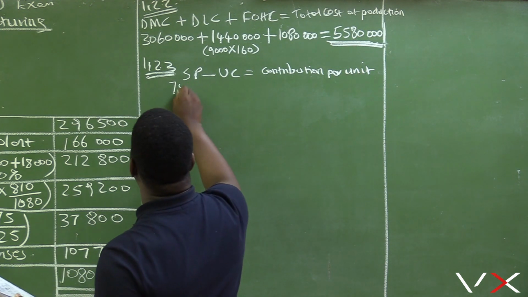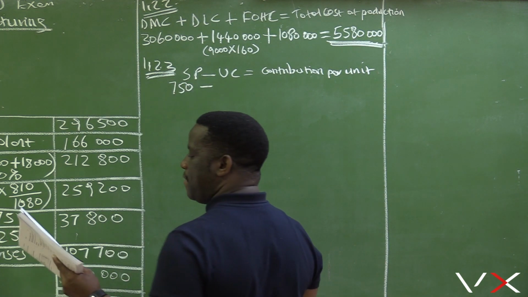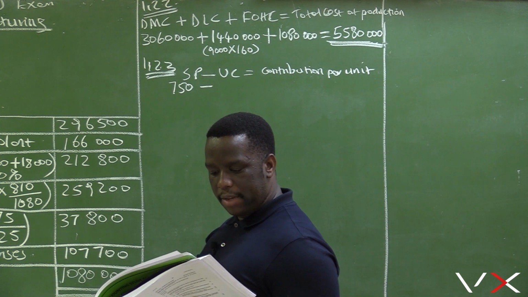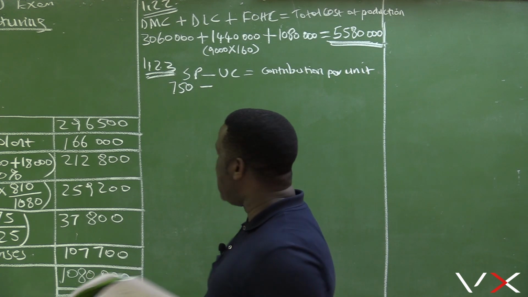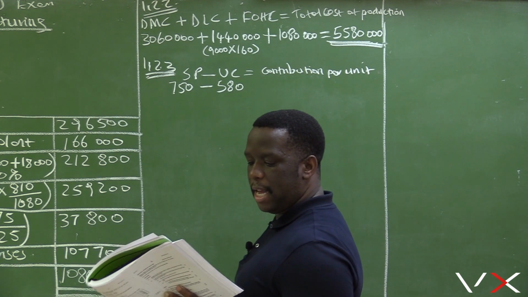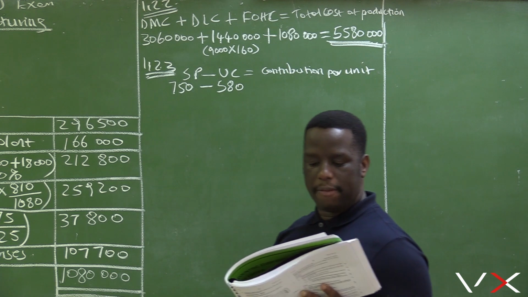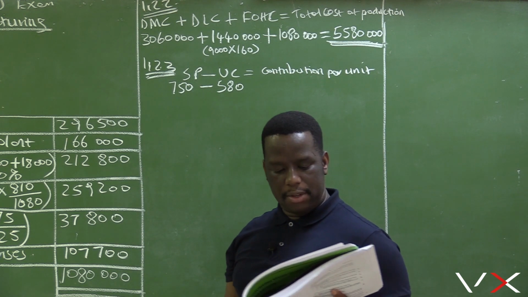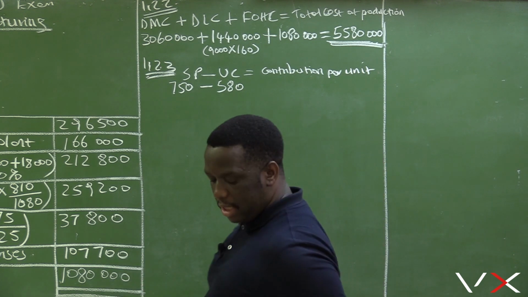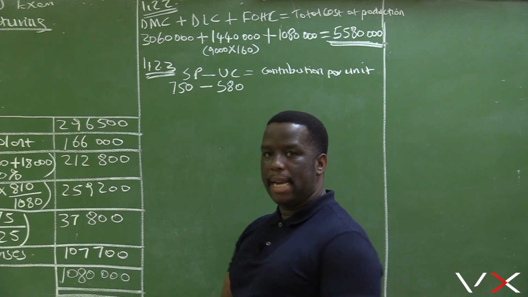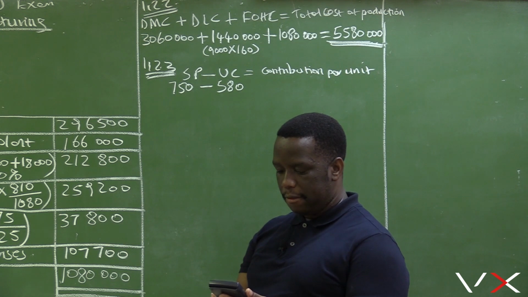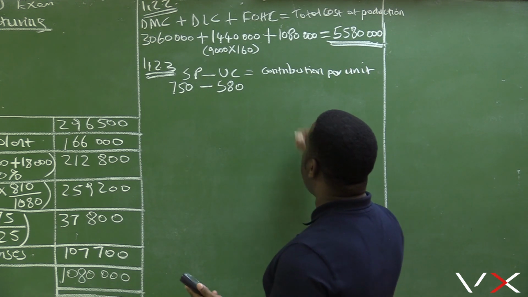The variable cost per unit has direct material 340, plus direct labor 160, plus selling 80, giving a total variable cost of 580. So 750 minus 580, the contribution per unit is 170.